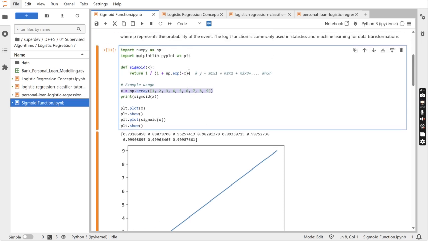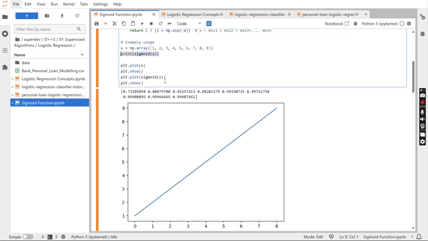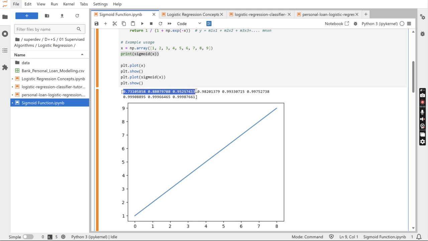But if I equate that straight line in place of this x, so this entire x is being replaced here, and I'm returning 1 by 1 plus numpy exponential of this equation, which is what I'm getting here, the sigmoid function. And notice the values I have printed. 1 has become 0.73, 2 has become 0.88, 3 has become 0.95.